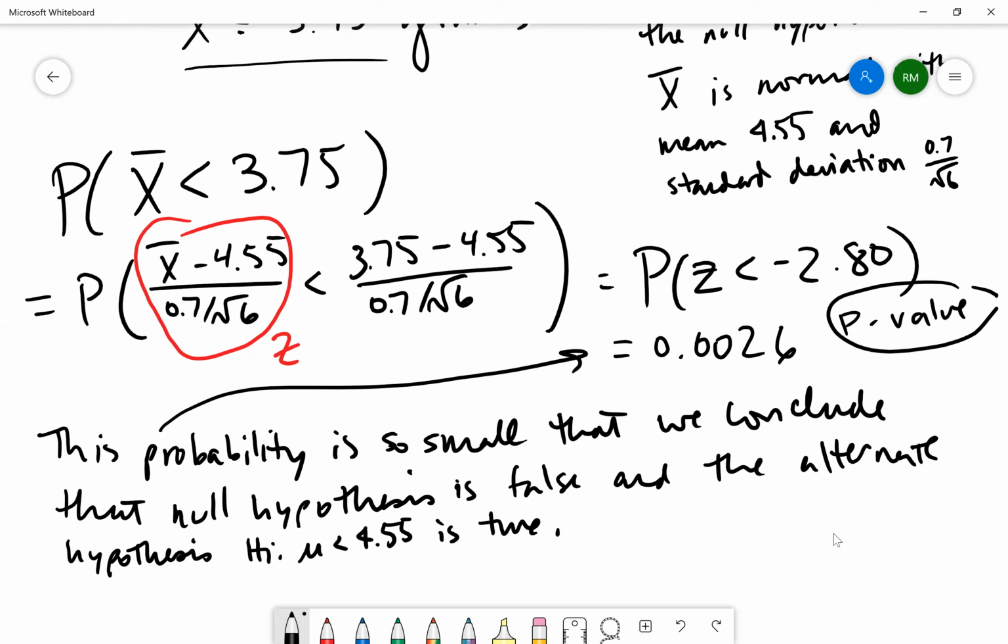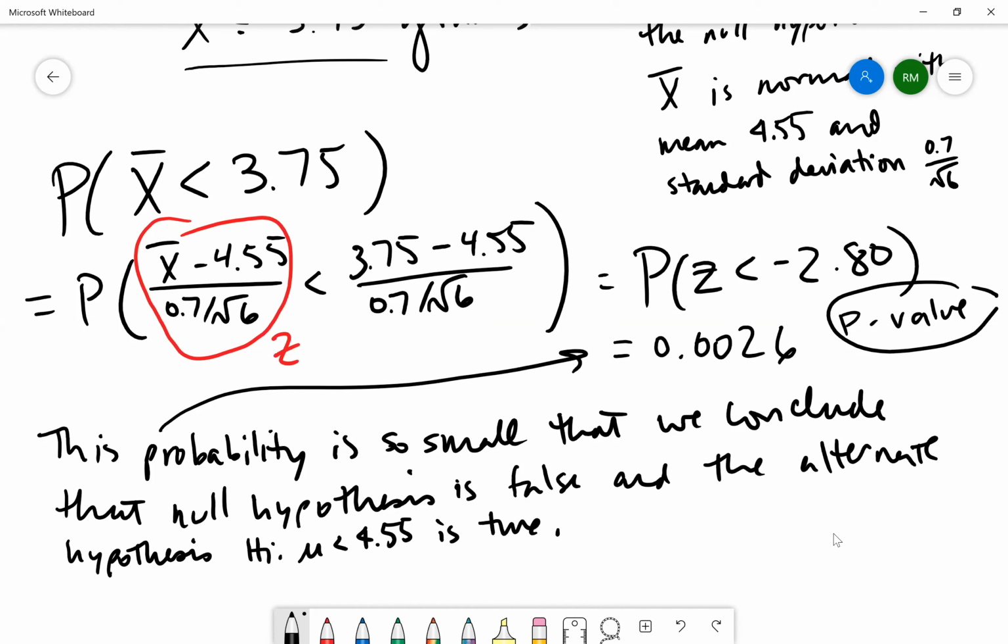So we've rejected the null hypothesis in favor of the alternate hypothesis because the probability of getting such a small sample mean is too unlikely in the case that the null hypothesis is true. And because it's so unlikely, we decide that we just cannot believe that it's true.